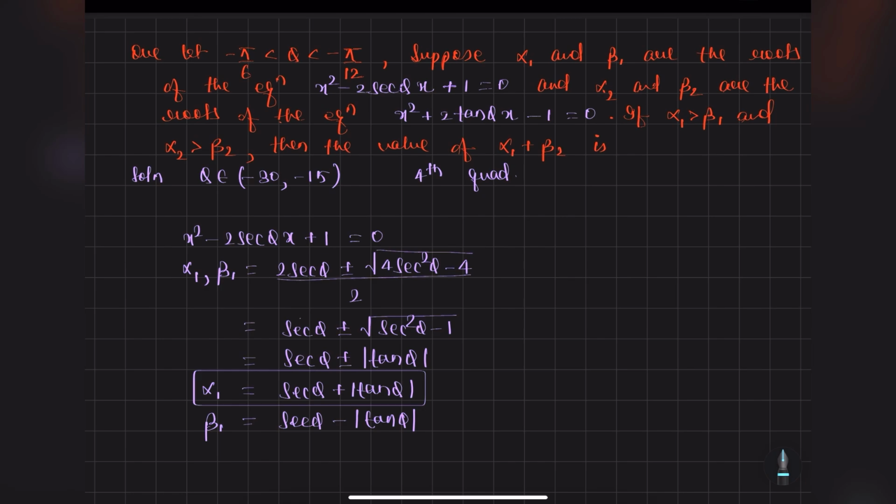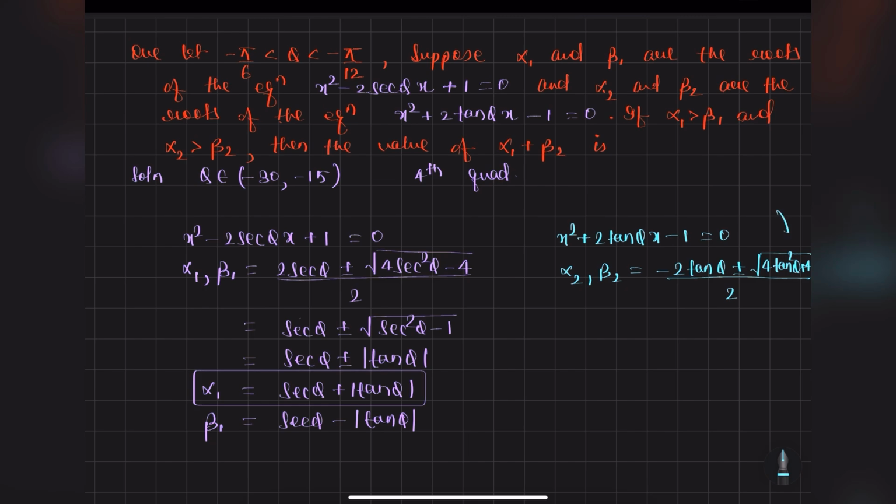So alpha 2 and beta 2 are the roots of this equation: x square plus 2 tan theta x minus 1 equals 0. So alpha 2, beta 2 equals minus 2 tan theta plus or minus root over b square, so 4 tan square theta plus 4, by 2.